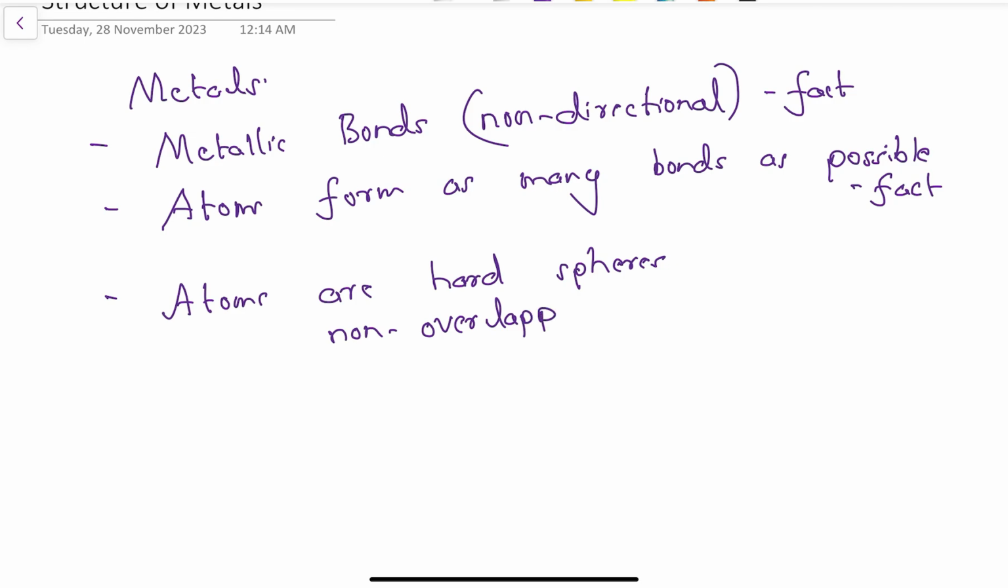So the atoms are arranged in a crystal like hard spheres which are non-overlapping with each other. So this is one point you need to keep in mind. Based on these ideas, we will try to visualize the structure of metals.